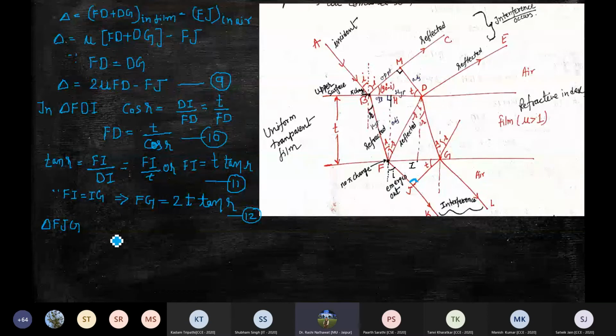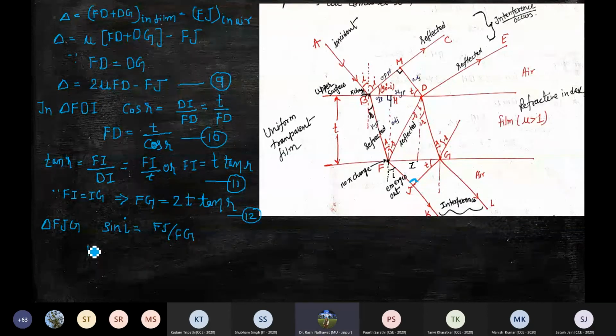So what will be the sine i here? This is i. This is 90 minus i. This is again i. So what will be the sine i? FJ upon FG. Yes, very good. FJ over FG.